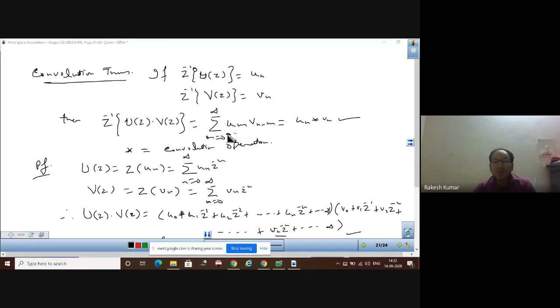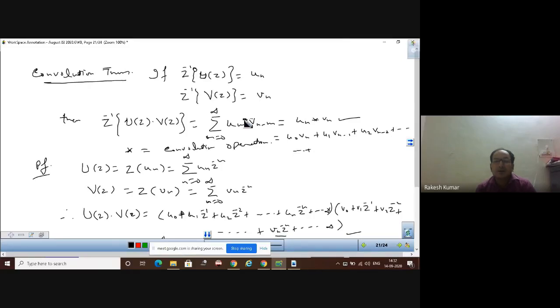And when you put m equal to 0, you will get u_0 v_(m-0), that is v_m. The next term, when we put 1, is u_1 v_(m-1) plus u_2 v_(m-2) plus so on.